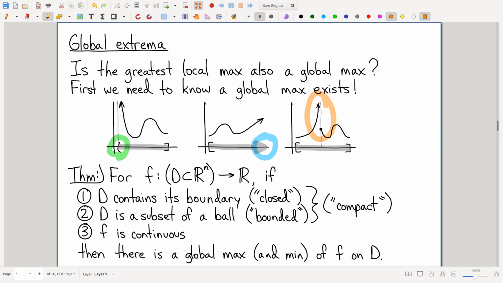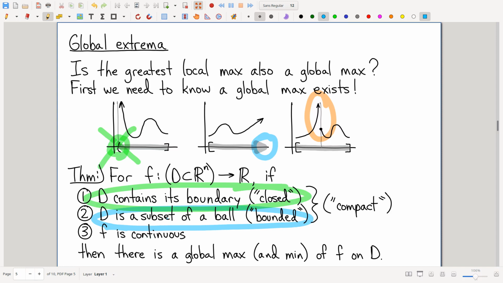So what we have down here is a theorem that helps us address this. In particular, if your domain is closed, namely none of that nonsense, and if your domain is bounded, in other words, finite, and I like to think of it as it can be put inside of a ball or put inside of a box. It doesn't run off to infinity in any direction. So in other words, none of that nonsense. And if your function is continuous, in other words, none of that nonsense.